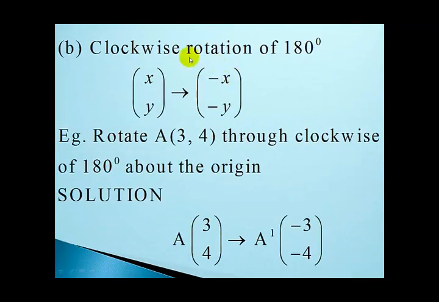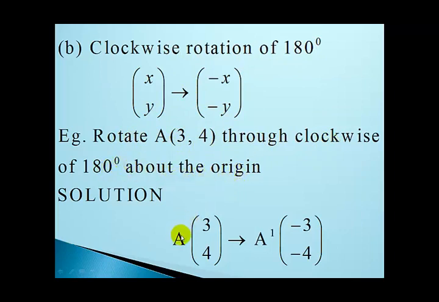Now clockwise rotation of 180 degrees, the rule is (x, y) maps to (minus x, minus y). That is, we negate the x and we negate the y. That is clockwise rotation of 180. So example, rotate A(3, 4) through clockwise of 180 degrees about the origin.